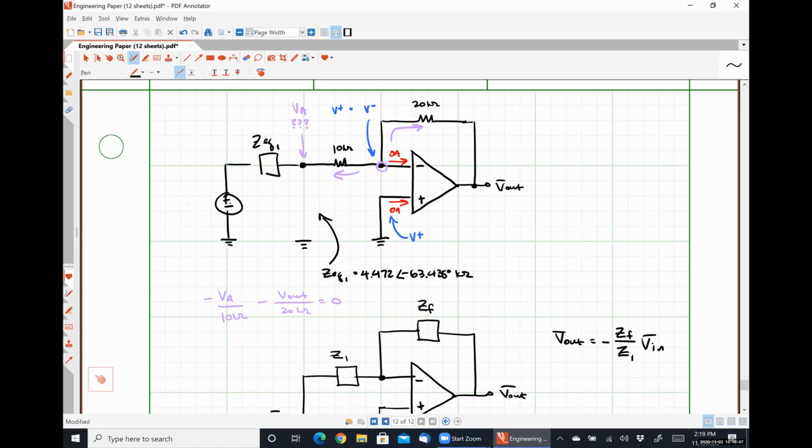If we multiply that by half of a milliamp, we get 2.236 angle negative 63.435 degrees volts. What can we do now?